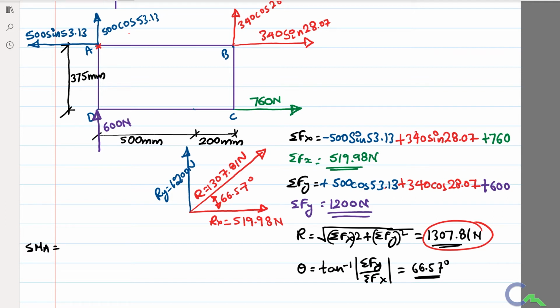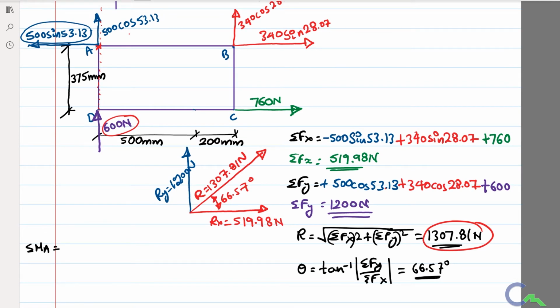If I consider this as my reference point, I will consider this 600 Newton. If I shift that force in the line of action of force, it is going to pass through A. That means it is not going to rotate that point. So now I am going to consider this 500 sine 53.13, that is also passing through A. Therefore it is not going to rotate that point.